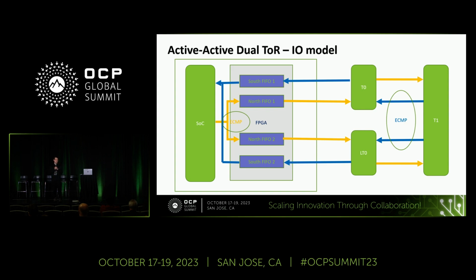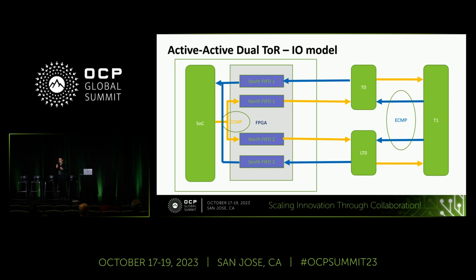So there is a requirement that both ToRs will be sending ICMP pings to the server side with a special target MAC range. And today, with the Microsoft solution, the FPGA, when detecting this special range of MACs, will change the ICMP ping packet to an ICMP echo reply, flip the source and destination IPs, flip the source and destination MACs, and then send it back to both links.